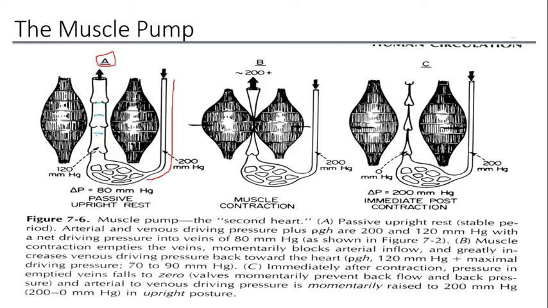But during skeletal muscle contraction, the skeletal muscles are going to compress this vein, right? And so pressure builds up, and all that blood stored within this vein is not going to travel backwards. It doesn't travel from lower to higher pressures. What it does is travel towards the heart.